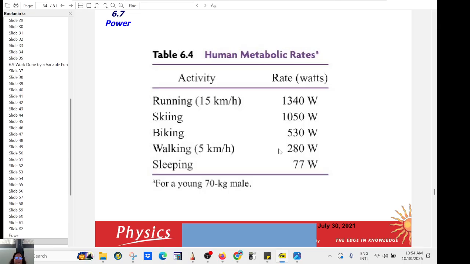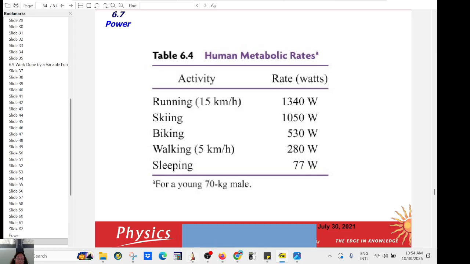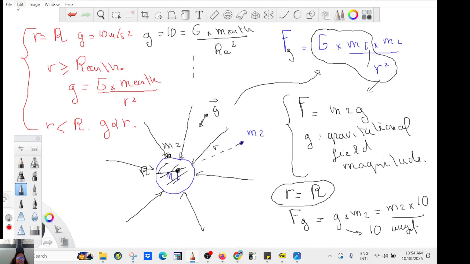Okay, so some examples here. Sleeping, of course, you're not consuming or burning a lot of calories here. Biking, so the unit is the watt. So it goes like this.